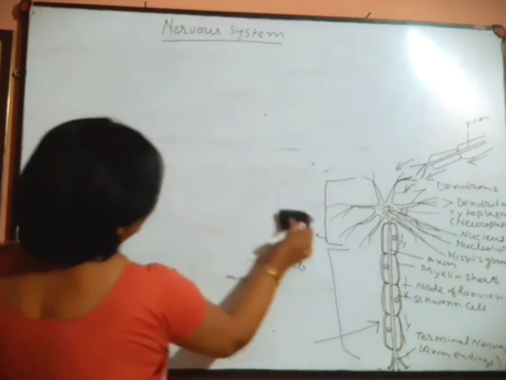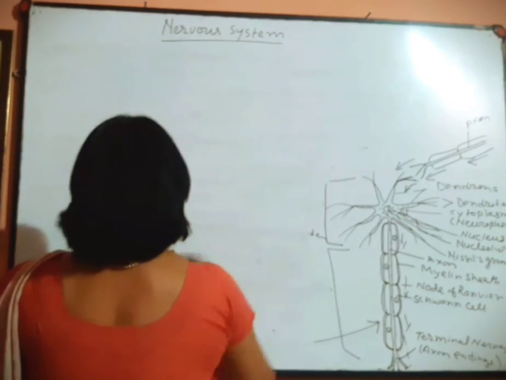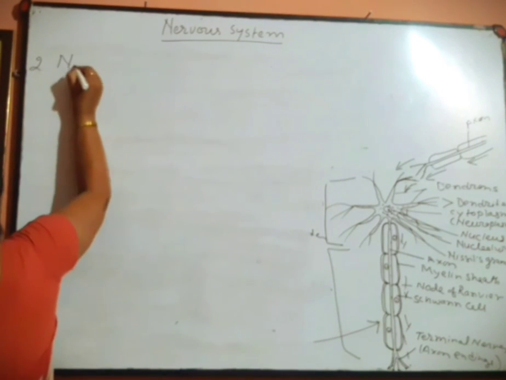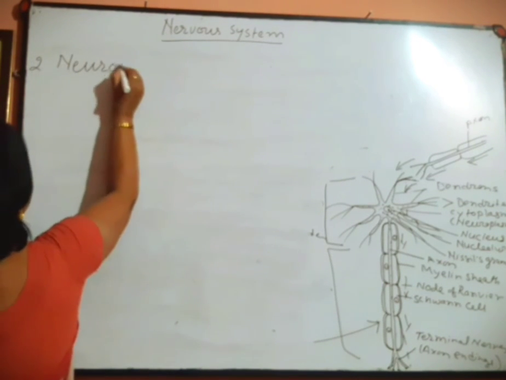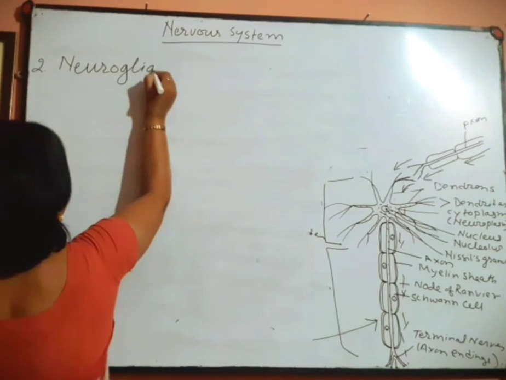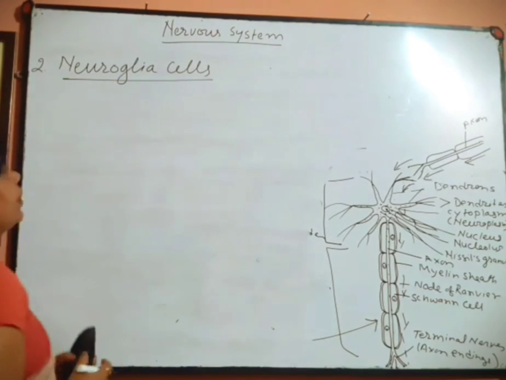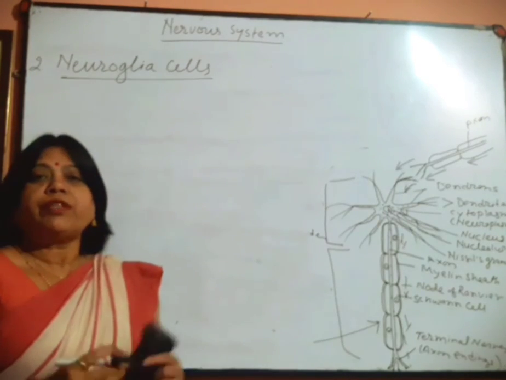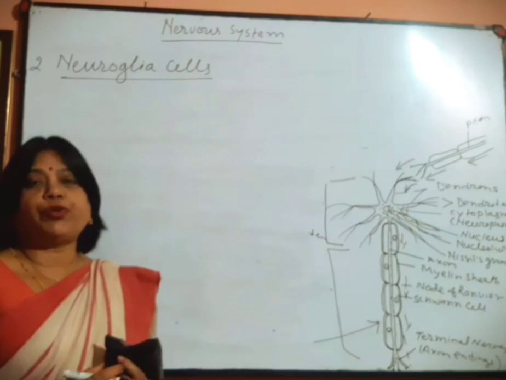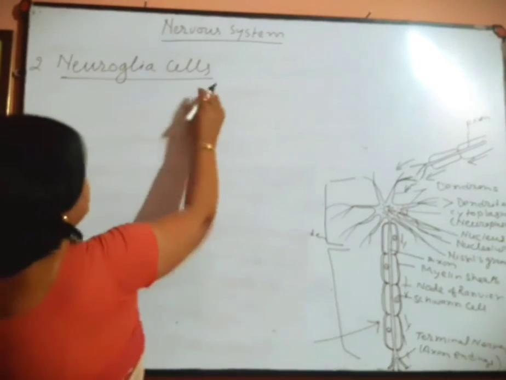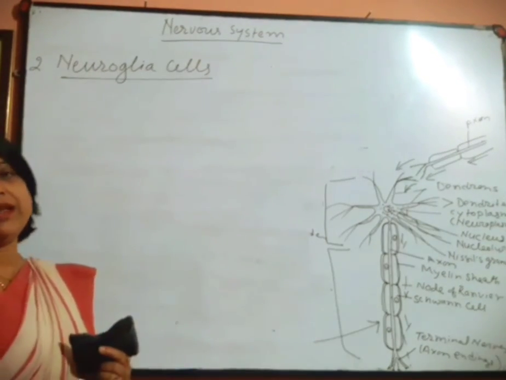Now, second is neuroglia cells. In nervous tissue, besides the nerve cells, neuroglia cells are also present.